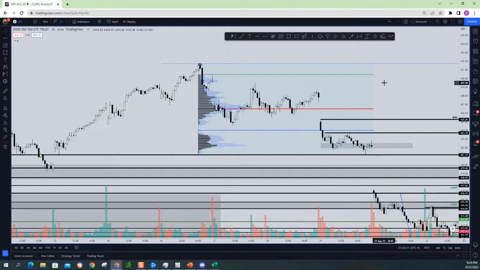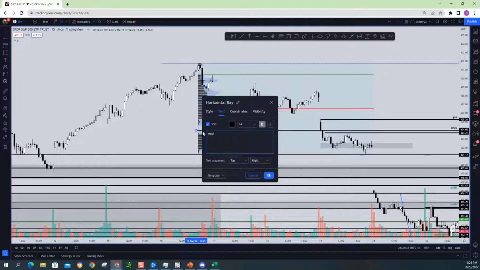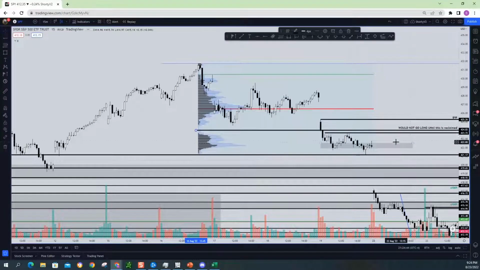I would not go long till we regain this value area low. But if you guys feel confident, go ahead. But this is a really important level here.